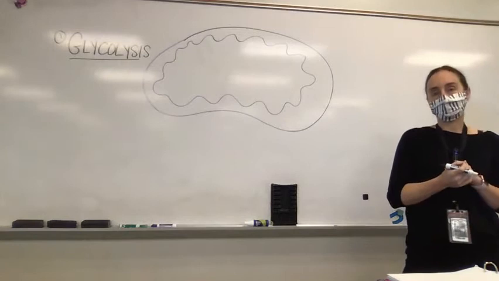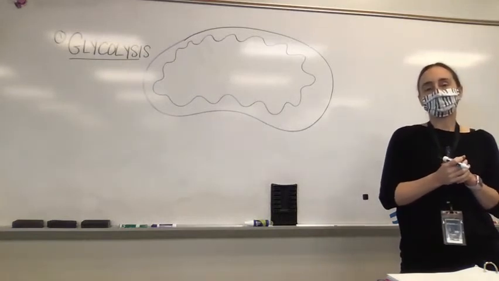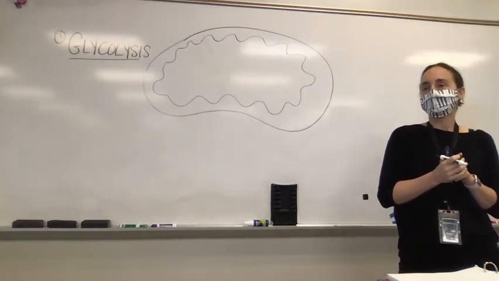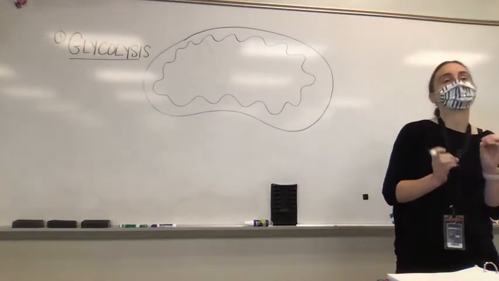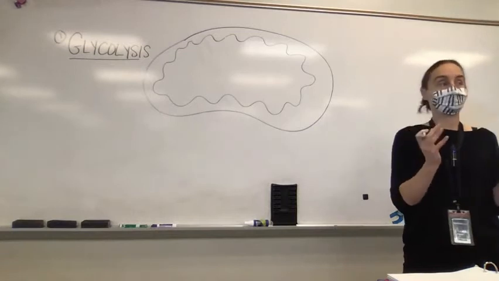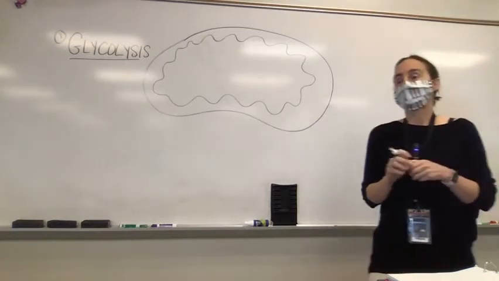And if you want to be technical, and of course I do, we actually call that the cytosol. The cytosol is the actual jelly. The cytoplasm is the jelly and everything that's in it, including organelles, which is kind of weird.